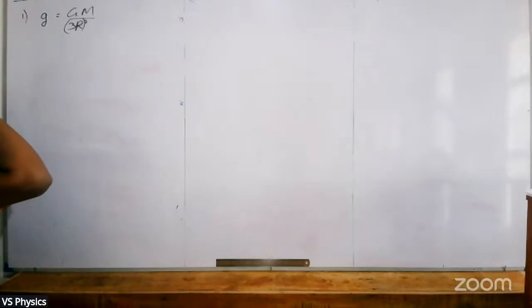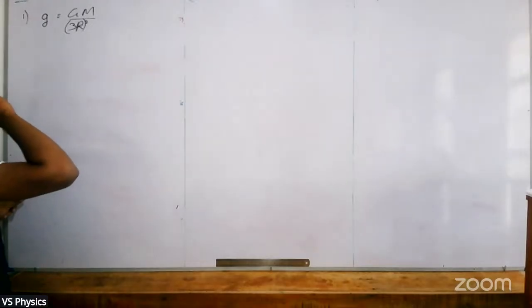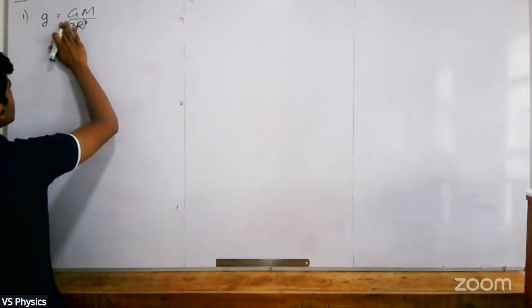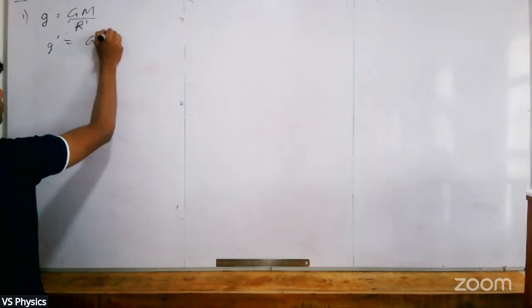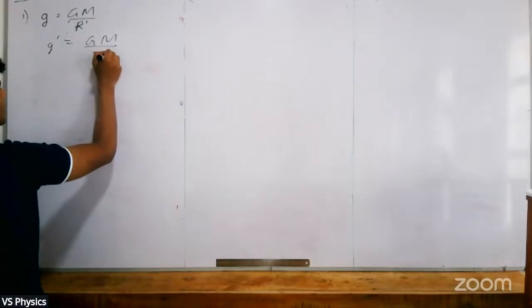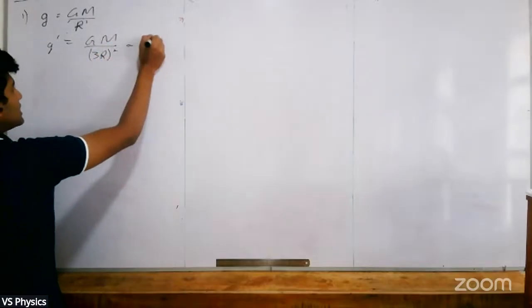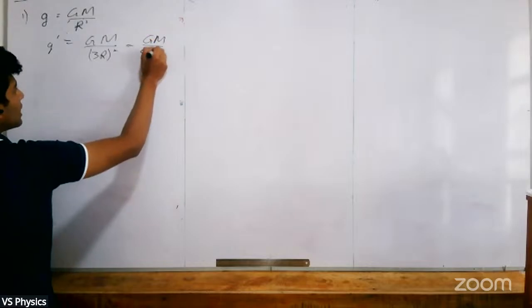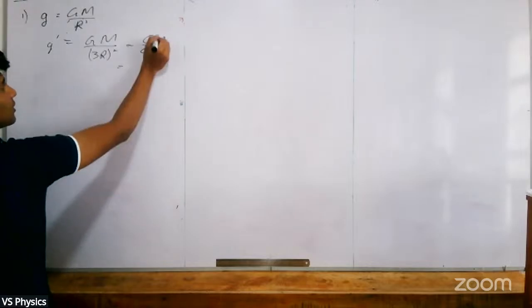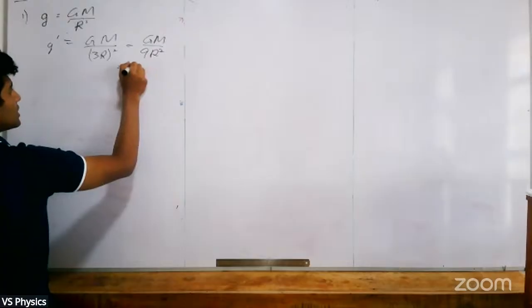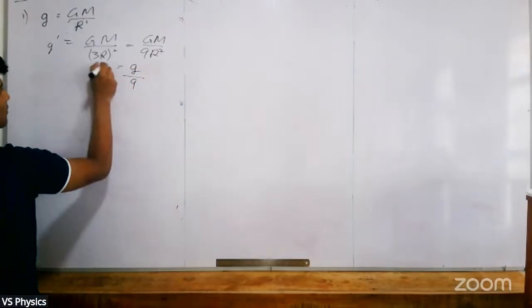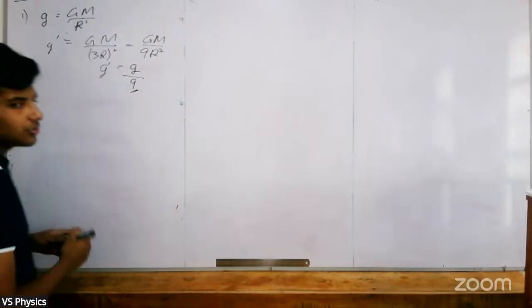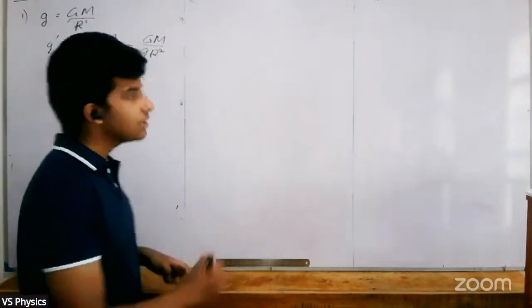So we have 3r squared. g dash is equal to GM over 3r, squared. That means we get GM over 9r squared. GM over r squared is equal to g, so g divided by 9 is our new value for gravitational acceleration. So that is going to be our third answer.